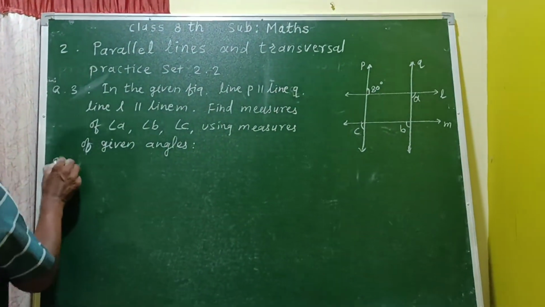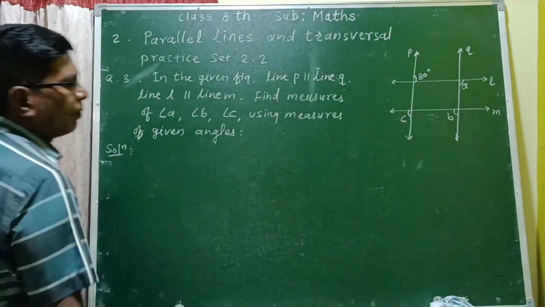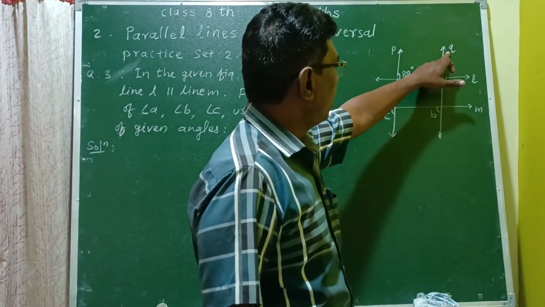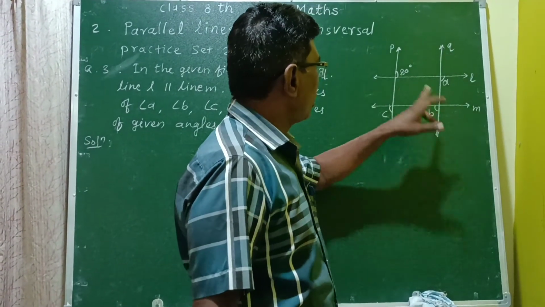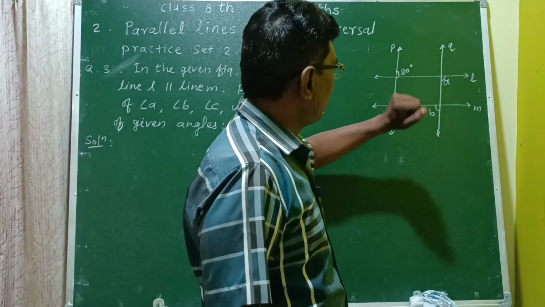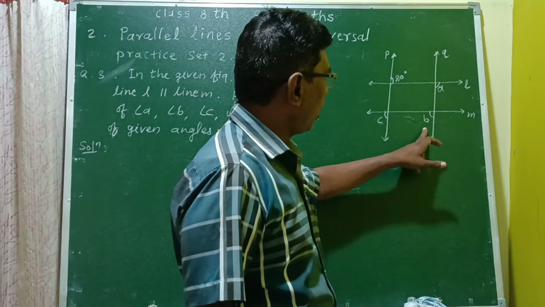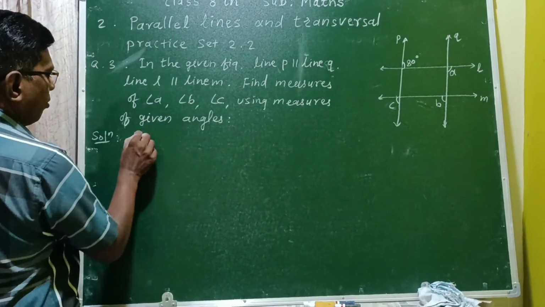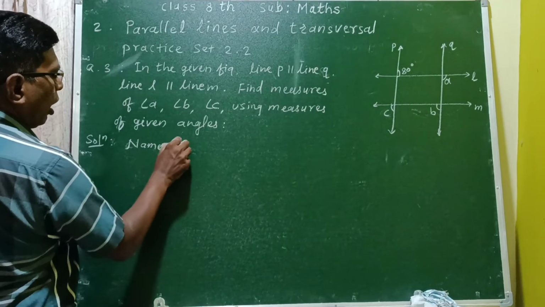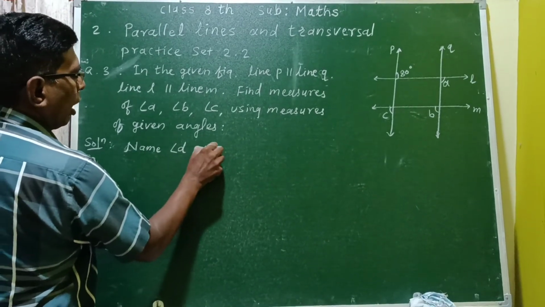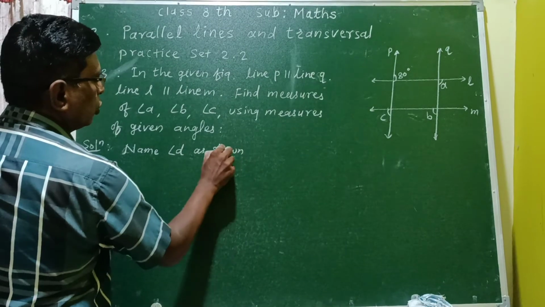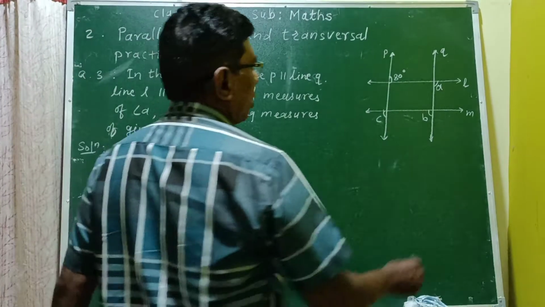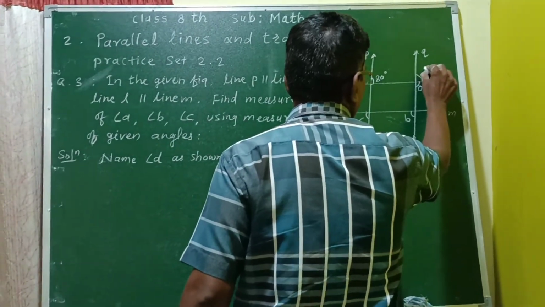Now, question number 3. Solution. Here, line L is parallel to line M, and line P is parallel to line Q. Then, using the given measure, we have to find angle A, angle B, and angle C. For this, name angle D as shown in the figure.